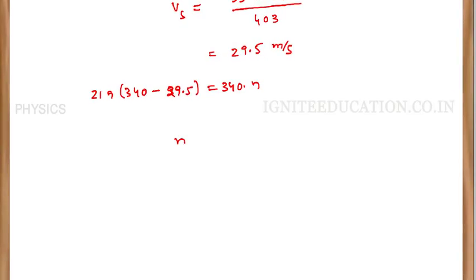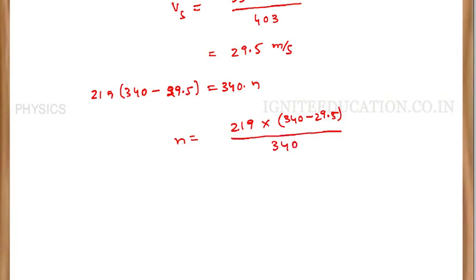That implies n is equal to 219 into 340 minus 29.5 divided by 340.